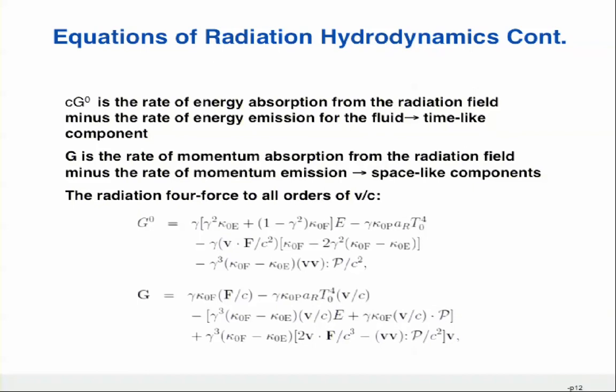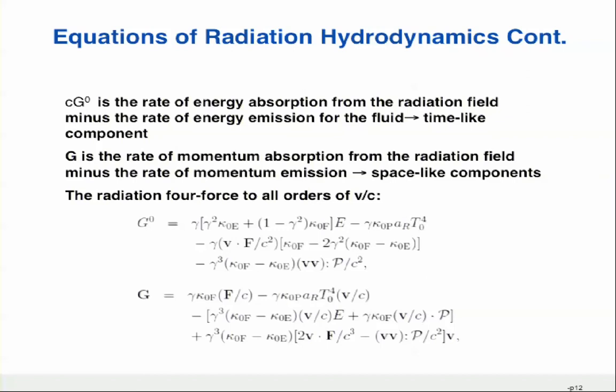The components of that tensor are a time-like component, which is the energy absorption from the radiation field minus the energy emission from the fluid, and the space-like component, which has three subcomponents, is the rate of the momentum absorption from the radiation field minus the rate of momentum emission. And you can derive precisely, relativistically correct, that 4-force density to all orders of v over c.